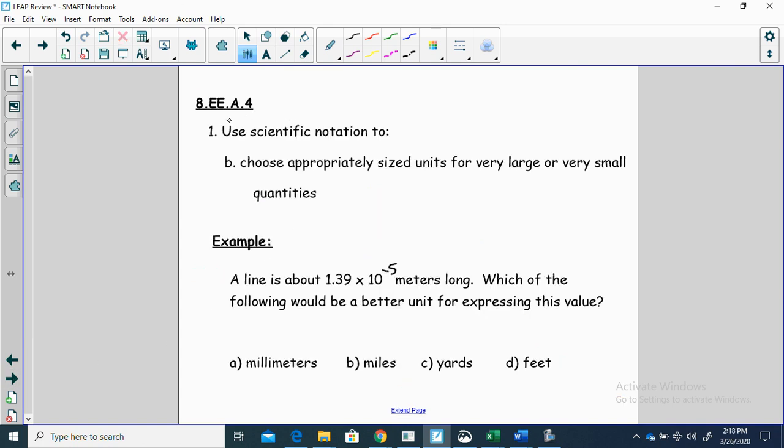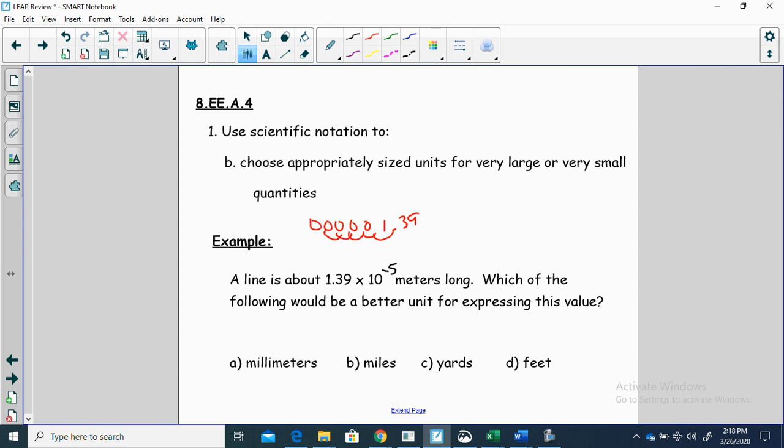Another part to this: you can use scientific notation to choose appropriately sized units for very large or very small quantities. Think of this. A line is about 1.39 times 10 to the negative 5th meters. See, that's going to be much smaller than a meter. The negative 5th means it's much smaller. In fact, you would wind up moving this 5 places. 1, 2, 3, 4, 5.